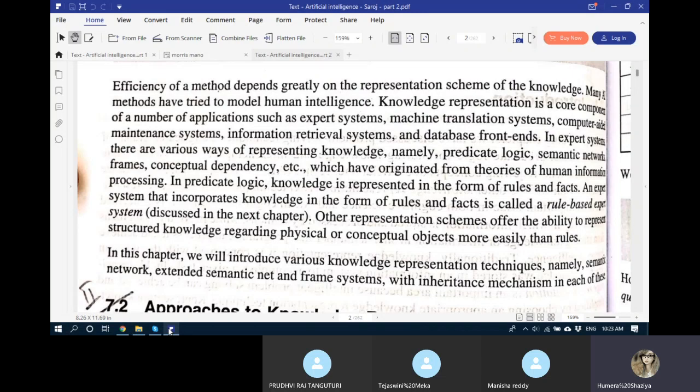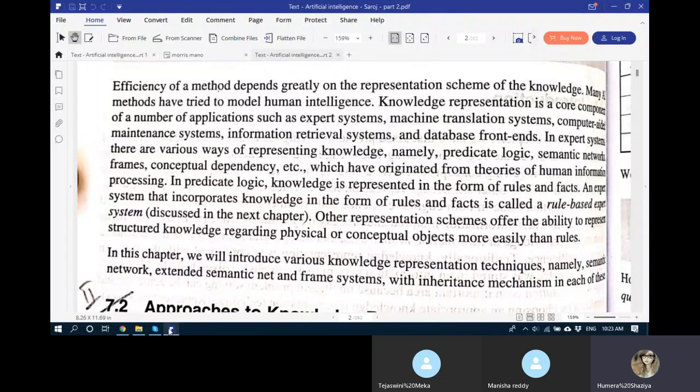An expert system is a machine that can give advice or suggestions based on its expertise to others.